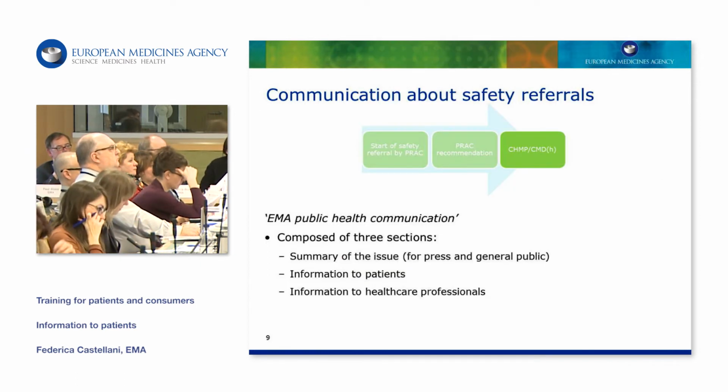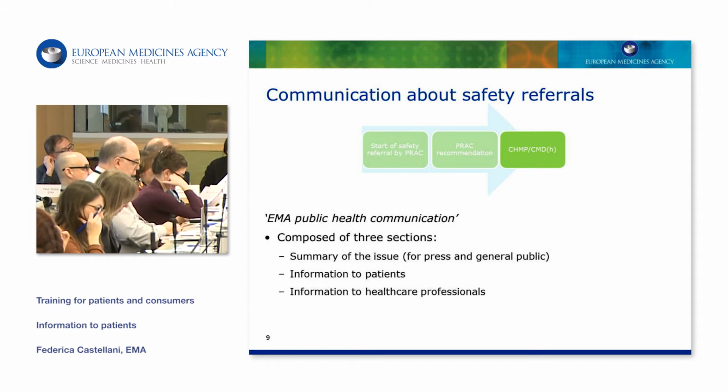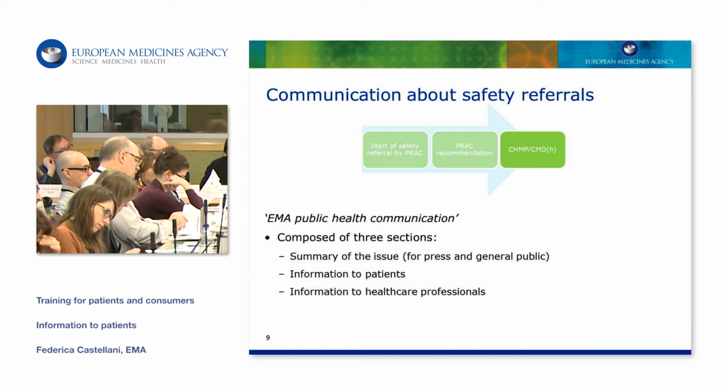At the end of the referral, we have a document which we call the public health communication. This is a more extensive document, made of three sections. The first part is a highlight, a summary of the issue, directed to the general public as well as the press, to let them know what the conclusions are.